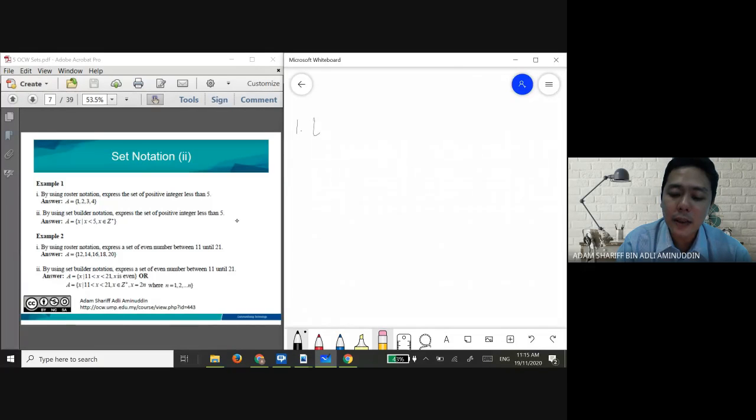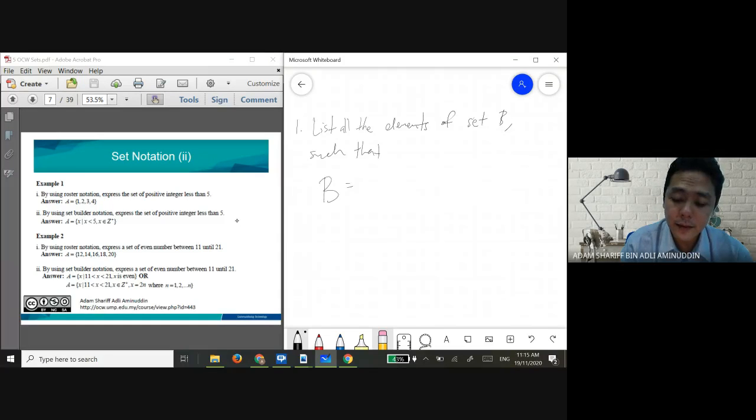List all the elements of set B such that I give B like this: x is prime, and the second condition is that x is less than or equal to 12.